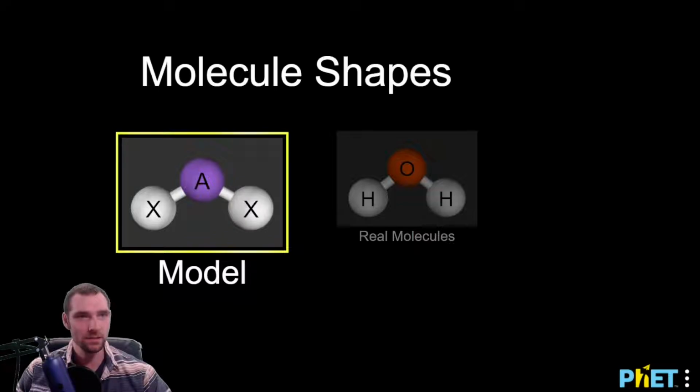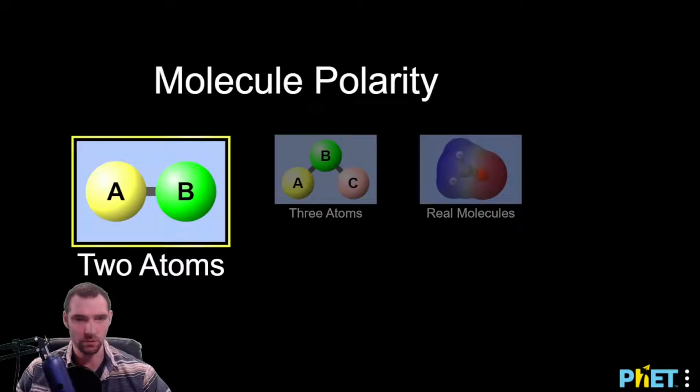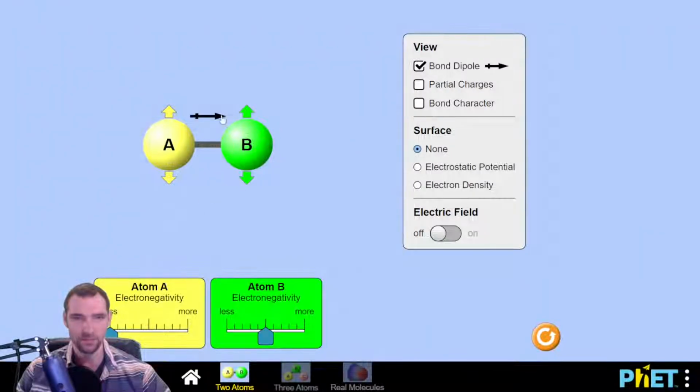This first one is on, let's do molecular polarity first. So if we have two atoms and they're the same electronegativity, like let's say two fluorines, they're going to be evenly sharing the electrons. So if you think about it, the charges are balanced out. Now, if we make one be more electronegative and one less electronegative, you can draw these symbols where this shows a more negative side and this is a more positive side.